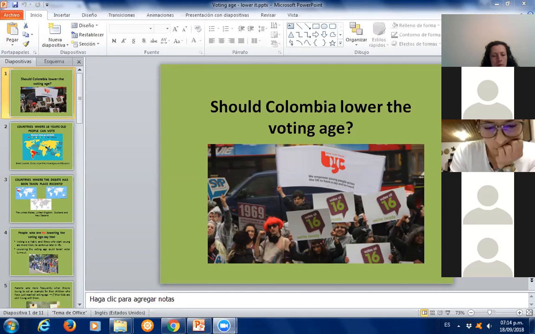And I think it's a risk. Talking about corruption in Colombia, it's a high risk to accept this kind of law.